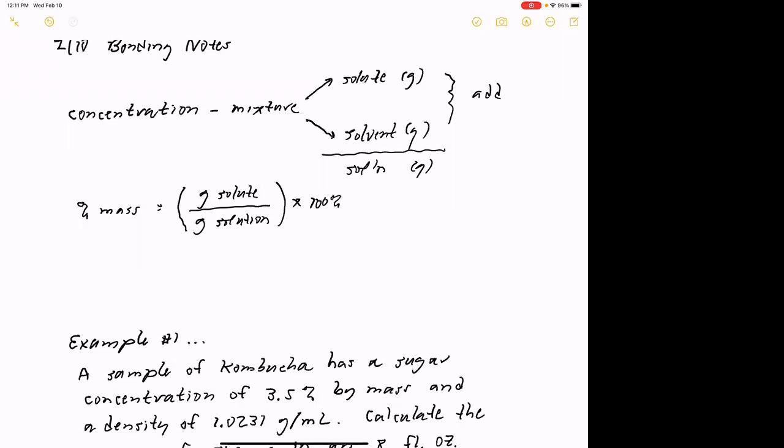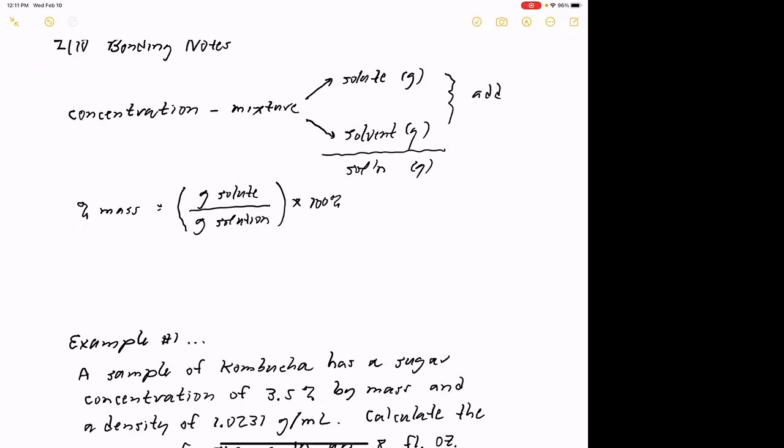So I could use a percent mass, for example, as a means of moving between, let's say, a solution and a solute in a problem. Okay, so it gives me a relationship between those two things. All right, also, just let me think of it another way.